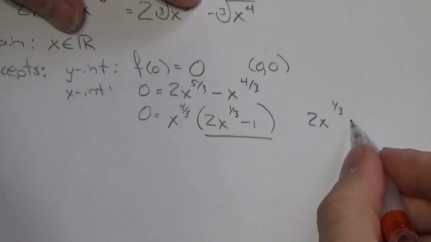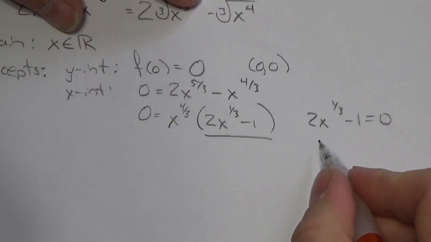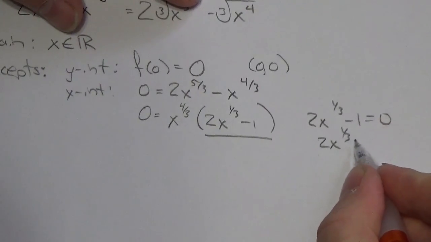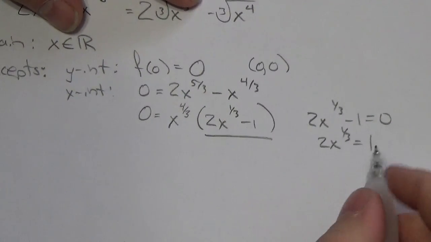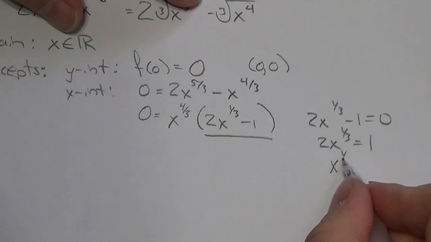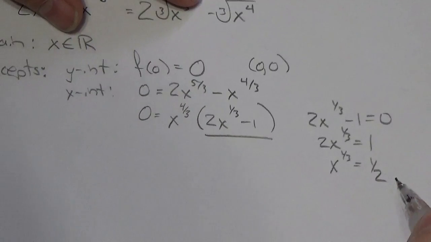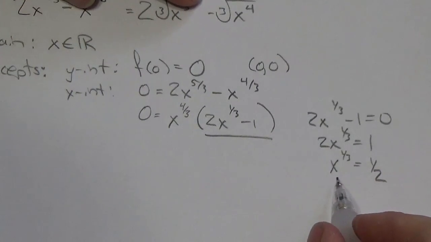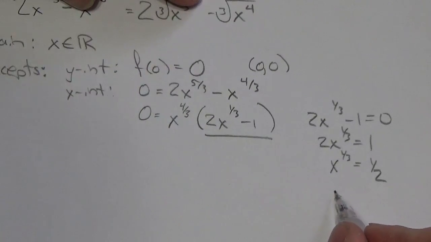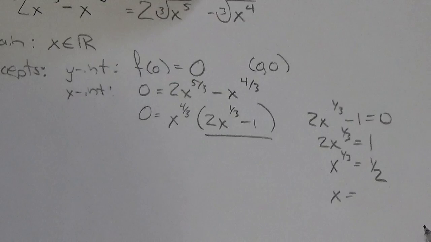2x to the 1/3 minus 1 equals 0. So 2x to the 1/3 equals 1. Divide by 2 so that we get that variable by itself. That's 1/2. Now I'm looking at where x is going to equal the cube of this, which is going to equal 1/8.